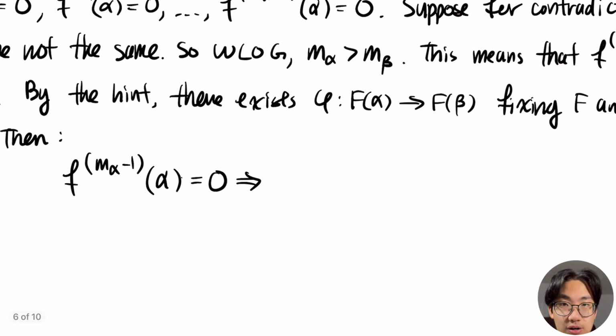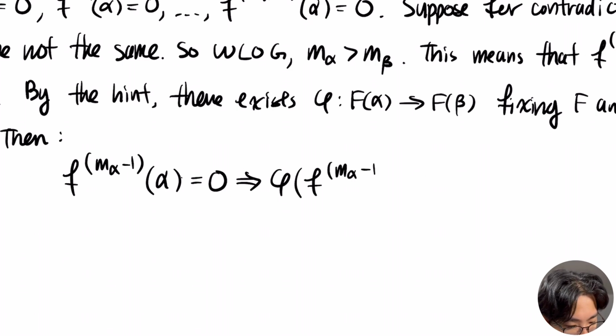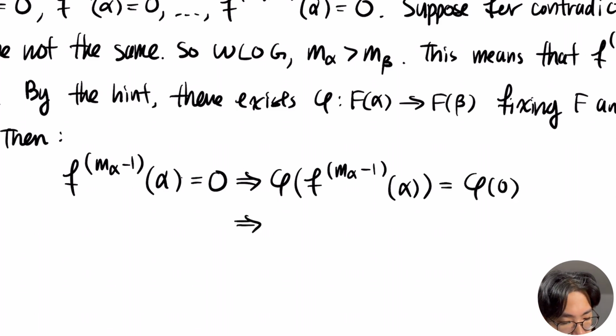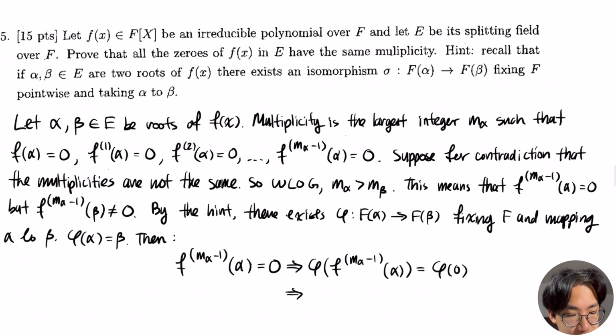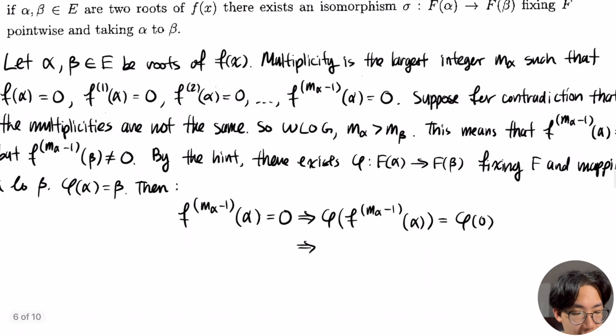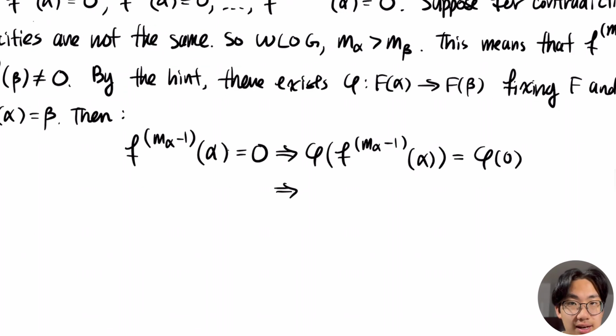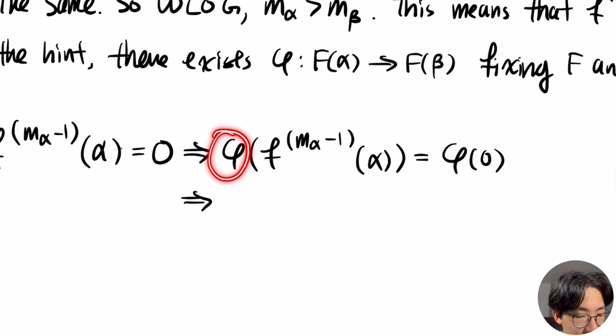So we can apply phi to both sides. So phi of this right over here is equal to phi of 0. And here I'm going to make use of a property of the isomorphism we have. Again, remember that isomorphisms respect addition and multiplication. So effectively we can apply phi directly to alpha, and I'll write a note at the end of this question as to why.